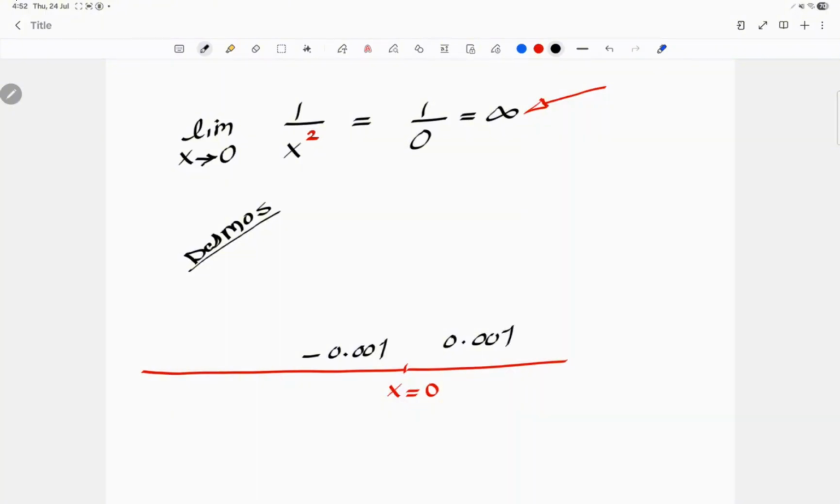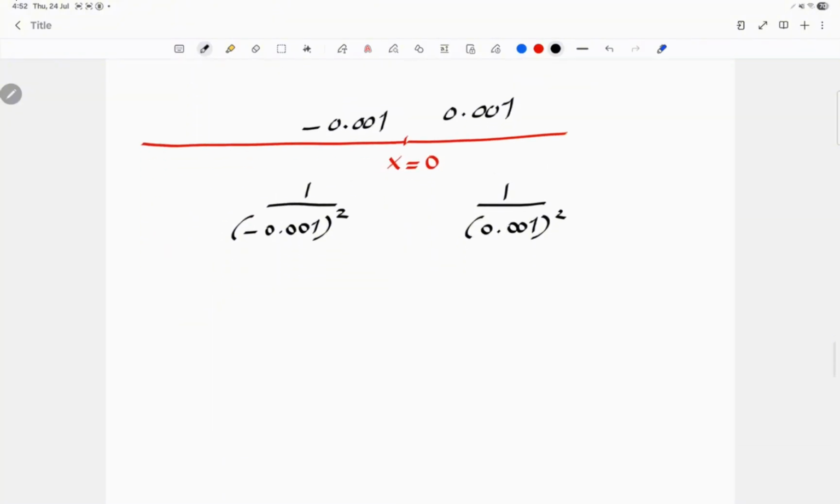Now, if I had a calculator, and if I plugged in one time 1 over negative 0.001 squared, and the other time I plugged in 1 over 0.001 squared, right? 1 over x squared. Yes. How much will I get? Let's see. I'll get 1,000,000 in both cases, actually.